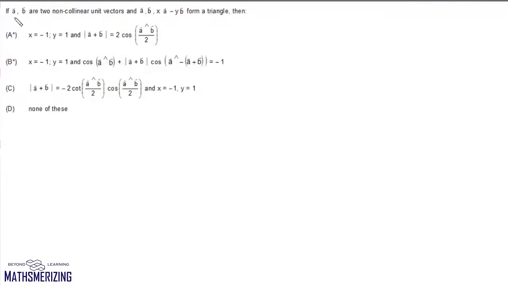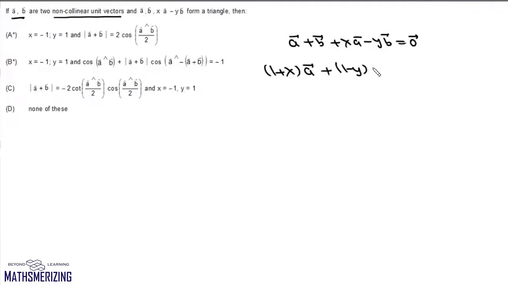Now here the question is, if A, B are two non-collinear unit vectors and A, B and xA minus yB form a triangle, then which of the following is correct? If these three vectors form a triangle, then we know that the vector sum of the three sides of a triangle is 0. So we can write (1 plus x)A plus (1 minus y)B equal to 0.